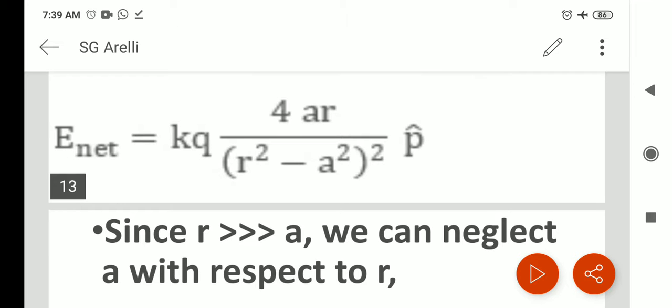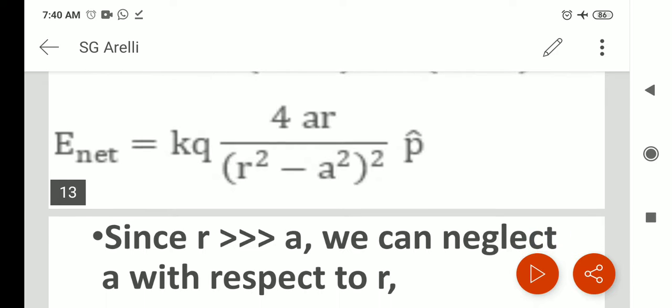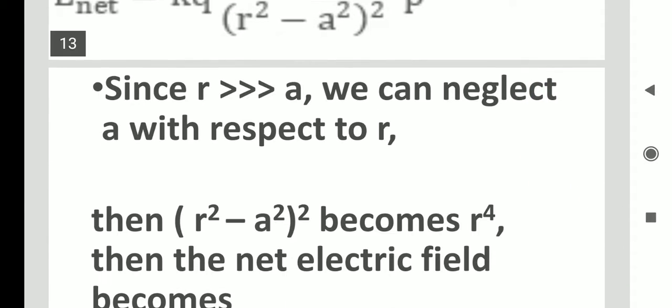After simplification, it is KQ 4AR by R4 into P cap. R will be cancelled out and you get R to the power of 3 in the denominator. So it is 4KAQ by R cube into P cap. This is the net electric field if the point is on the axis.